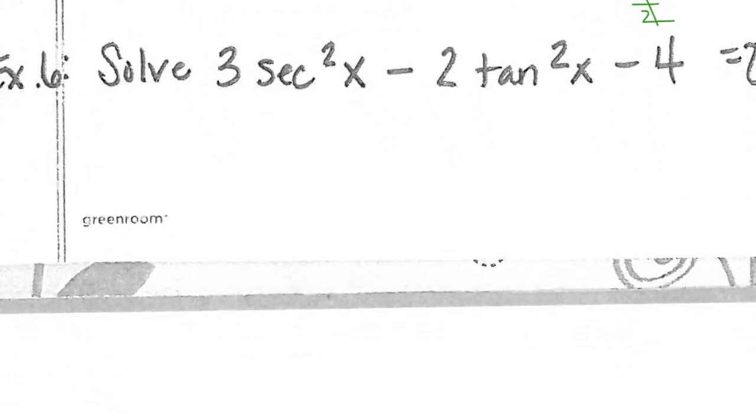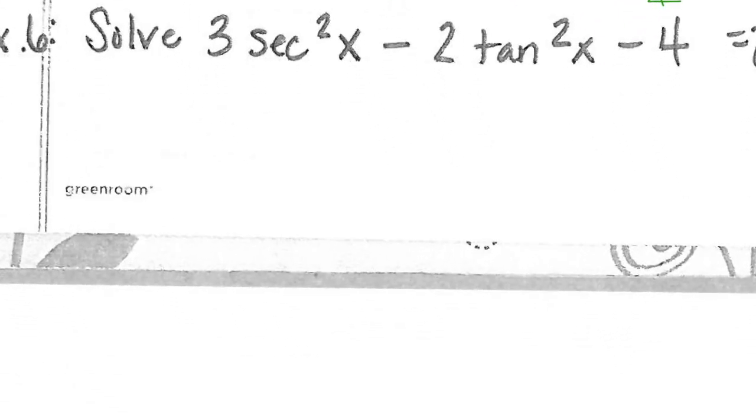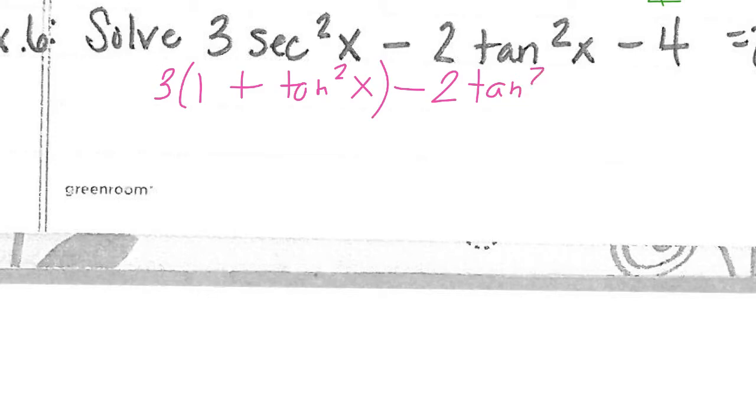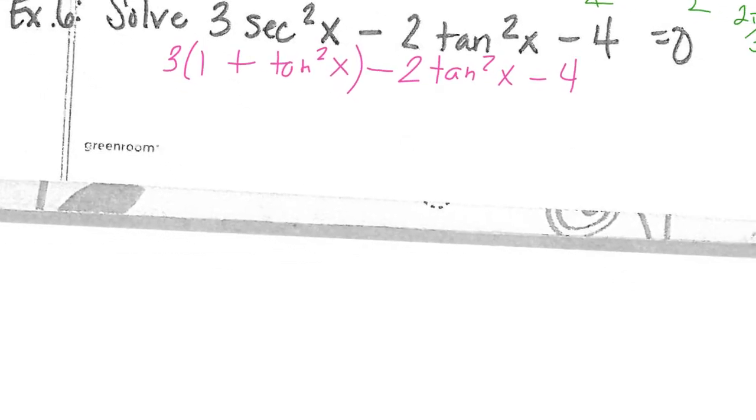All right, moving on. This one's a mess, isn't it? By now, when you see that secant squared x, you probably know that you are going to plug in 3 times 1 plus tan squared of x, minus 2 tan squared of x, minus 4, is equal to 0, so we'll keep that equals 0 up.